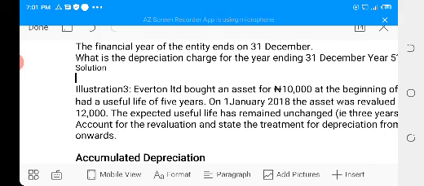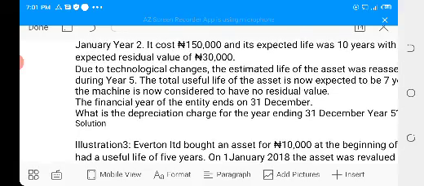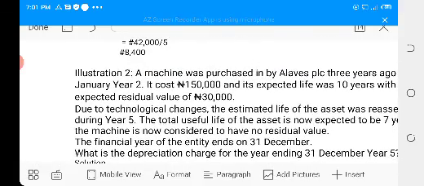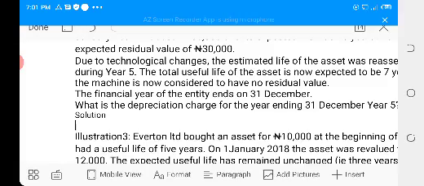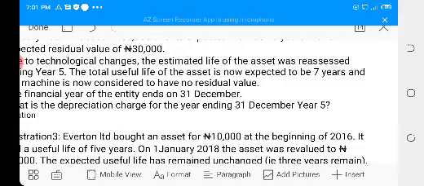But the asset was purchased in which year? Year 2. Now, we are asked to look for depreciation in year 5.